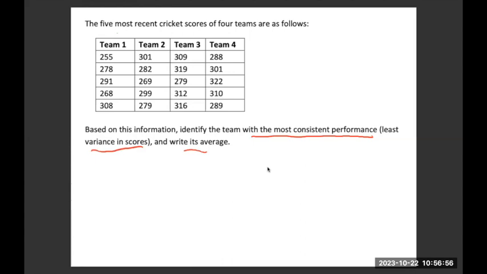Wherever you find the least difference will have the least variance also. So subtract the highest minus lowest in all the teams.